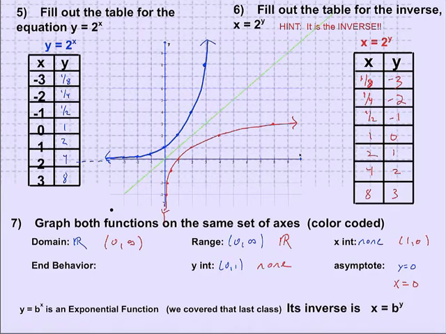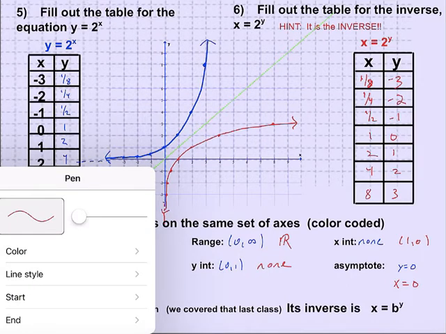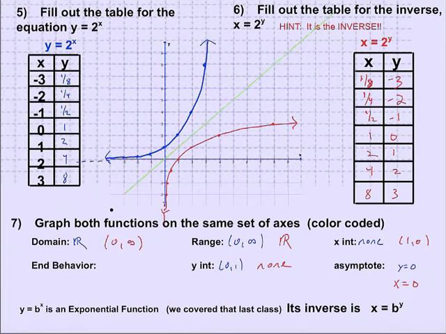And lastly, this one's a little bit trickier. We saw this last class for the first time ever, that end behavior on one side can be infinite, on the other side can be finite. So let's see if I can find a way to fit this all in here. As x approaches infinity, 2 to the x approaches infinity.